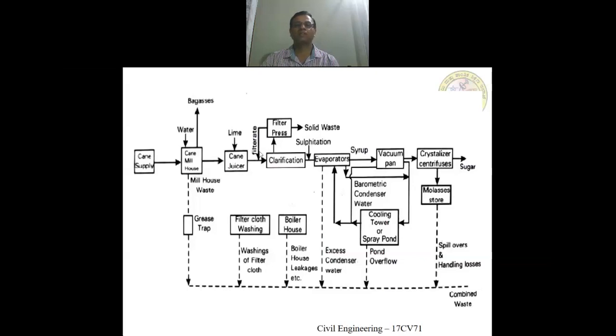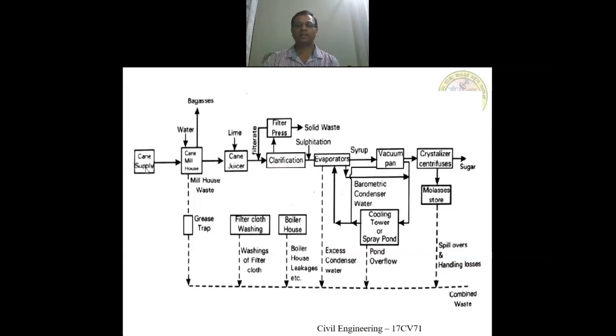Second, cane juice, to which lime will be added. First it is filtered for clarification, the filtrate goes as solid waste, then the clarification process, then the next process will be sulphitation, then you go for evaporators where the syrup will be added to a vacuum pan, then crystallizers and centrifuged molasses for the spent wash, and sugar will be collected on the other side.